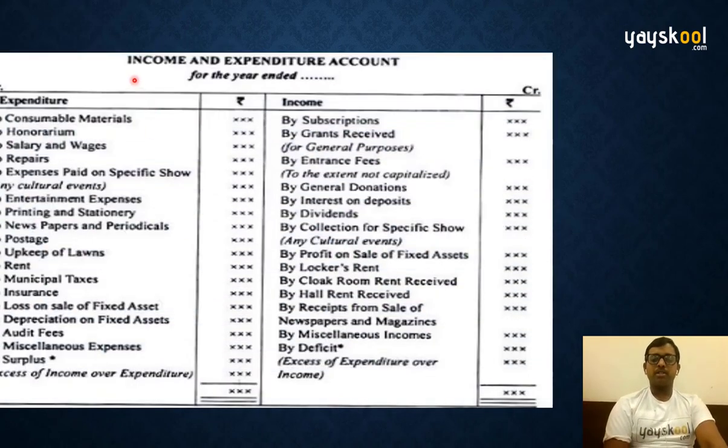Same, this is the format of income and expenditure account for the year ended. This may be for 31st December 2019, 31st December 2020.